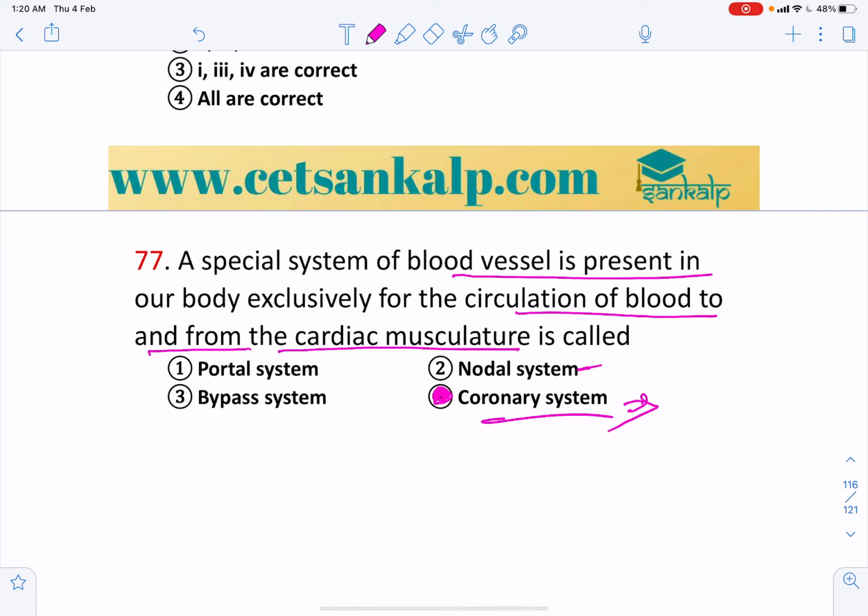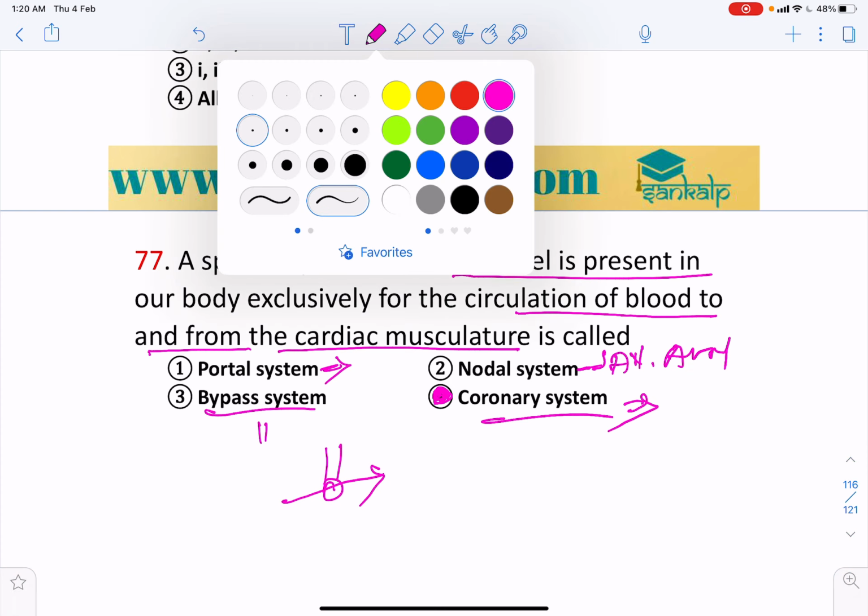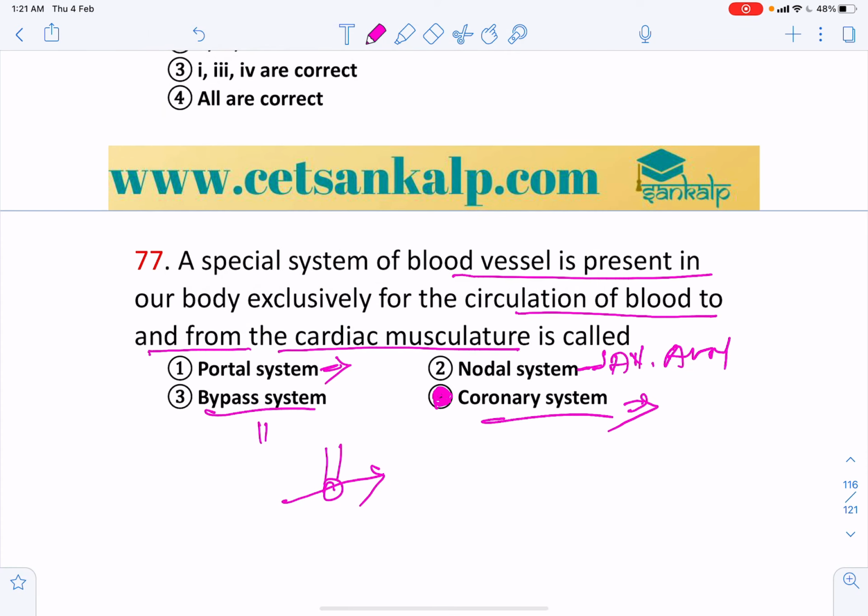Nodal system, which includes SAN and AVN. And the portal system we discussed. In the embryonic stage, the foramen ovale bypasses the blood. So here, coronary artery.